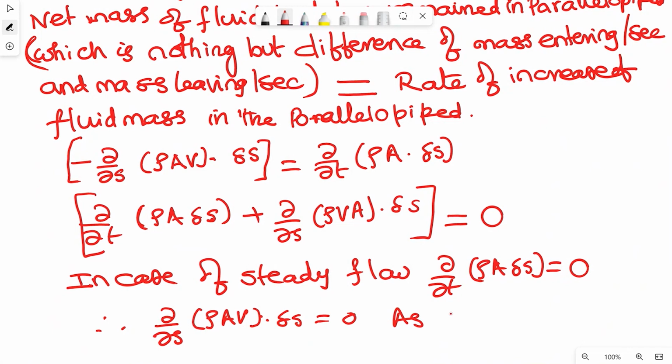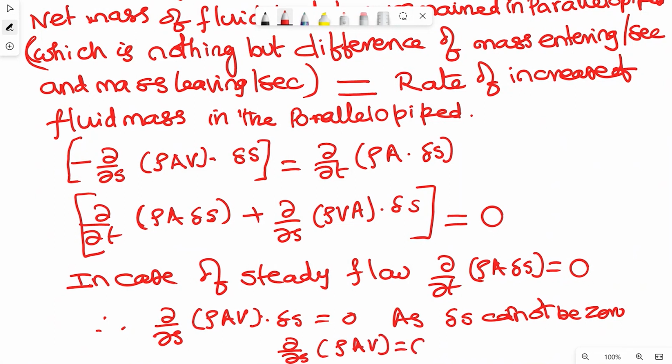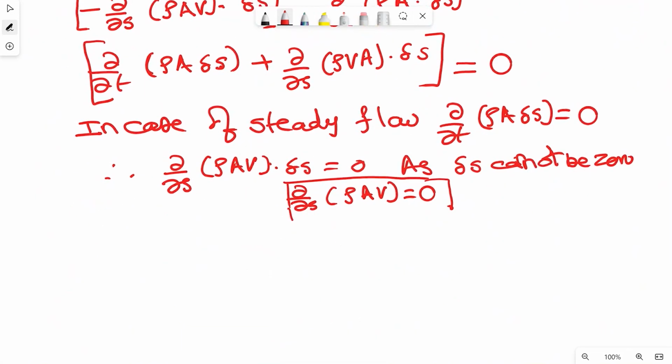As delta S cannot be 0, it will be dou by dou S of rho AV is equal to 0. This is the equation of continuity for one-dimensional flow. Rho AV is equal to constant.